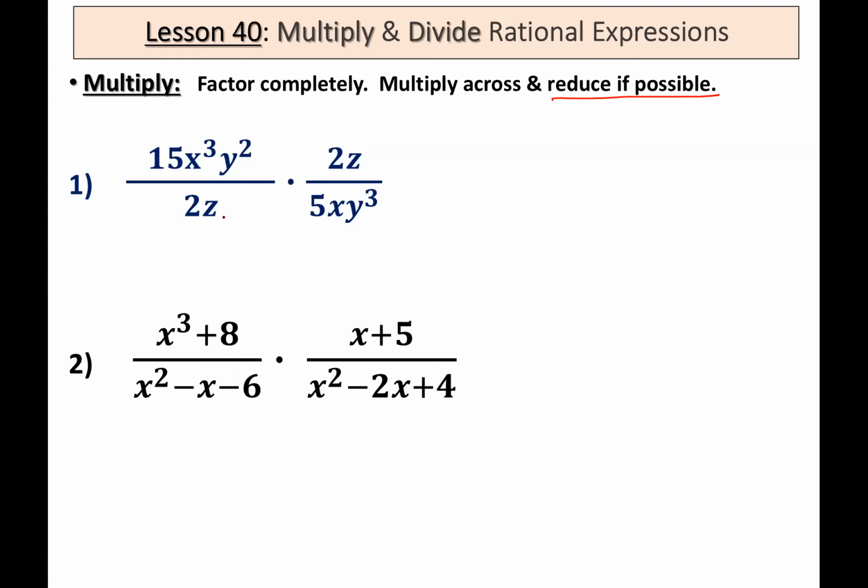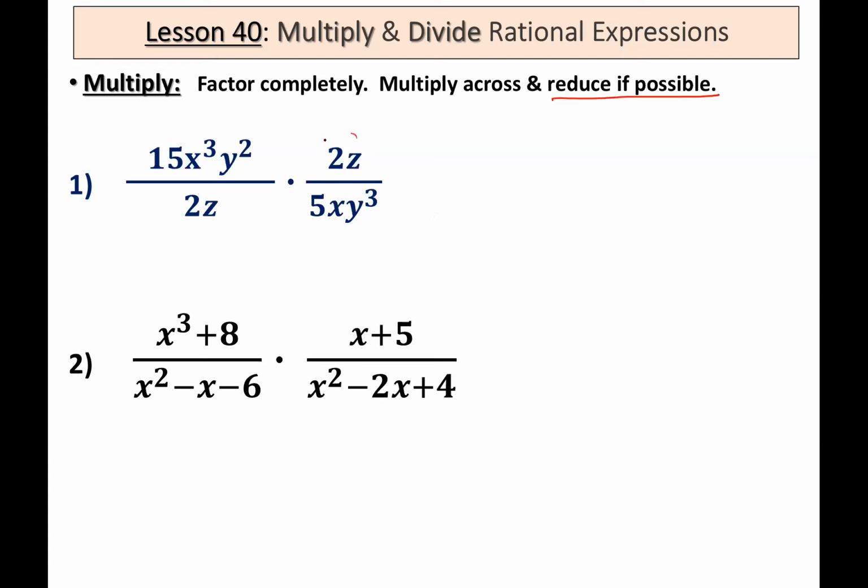So in this case, the first example that jumps out to me here is this 2z in the first denominator and then 2z in the second numerator. So the full problem is 15x to the third y squared over 2z times 2z over 5xy to the third.